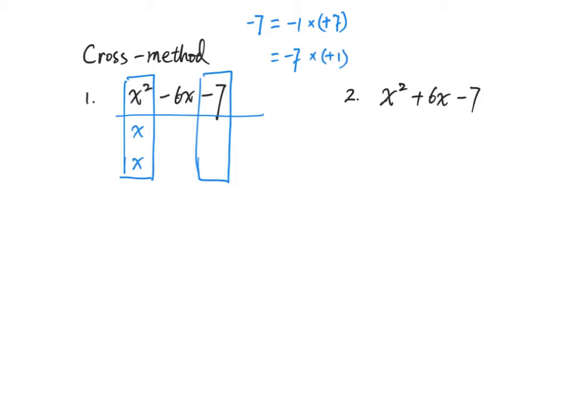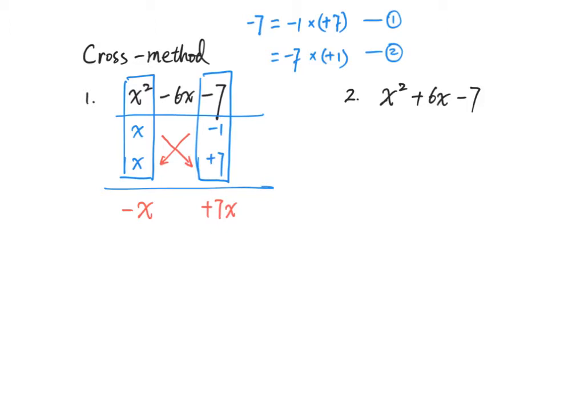So we need to try which one, the first one or the second one, can fit. Okay, let's try the first one, -1 times +7. We need to use the cross method. -1 times x, we get -1x. And x times +7, we get +7x.